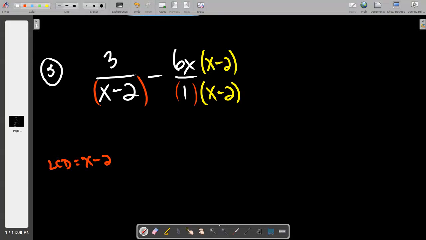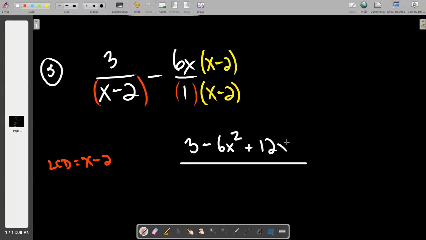So my fraction looks like this. And I know on top that I have 3 minus 6x squared plus 12x. You're well within your rights after maybe a short little thinking time to say, why does that say plus 12x?